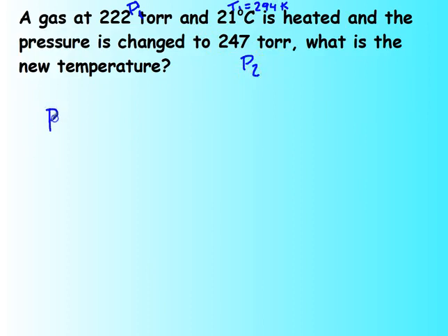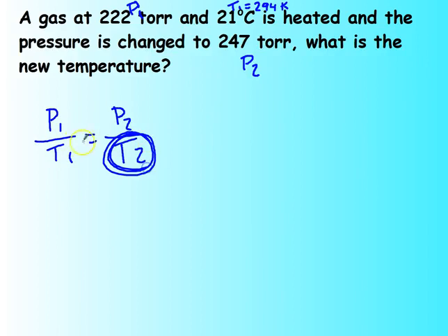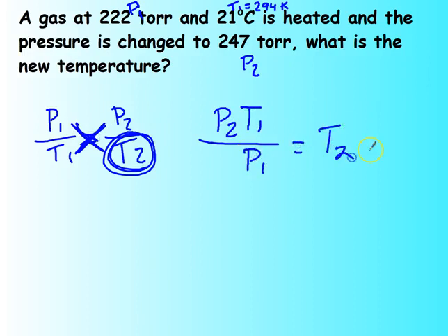So let me write the formula. P1 over T1 is equal to P2 over T2. They want to know what T2 is, so I'm going to do the cross first. Pressure 2 times temperature 1 divided by pressure 1 is equal to temperature 2. Plugging it in, pressure 2 I see is 247 torr.